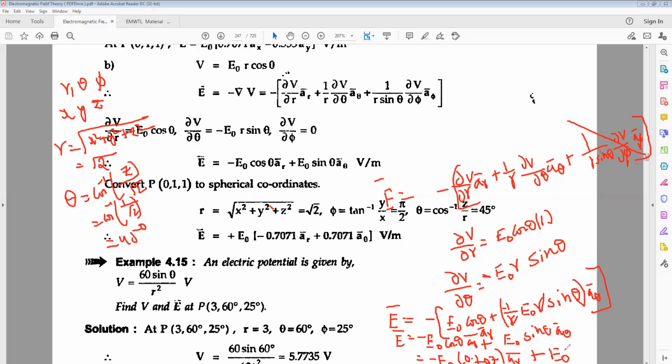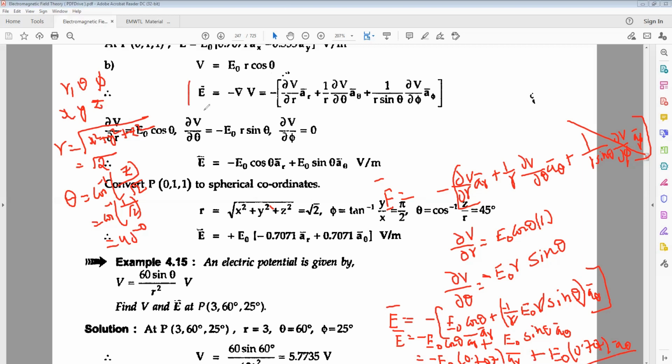Sine 45 degrees is 1 by root 2, nothing but 0.707, a theta bar. So now you can see E bar is equal to, taking E naught as common, the first term is minus 0.707 a r bar plus the second term 0.707 a theta bar. Got it, my dear students?